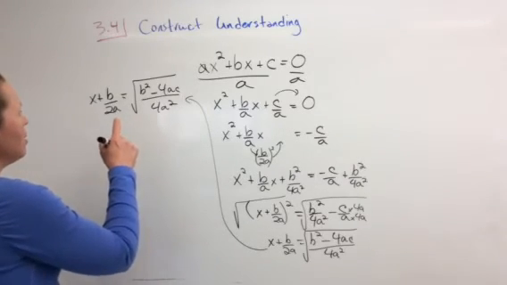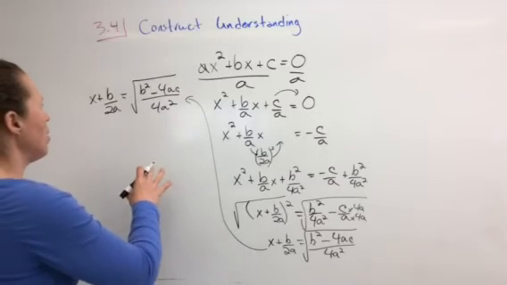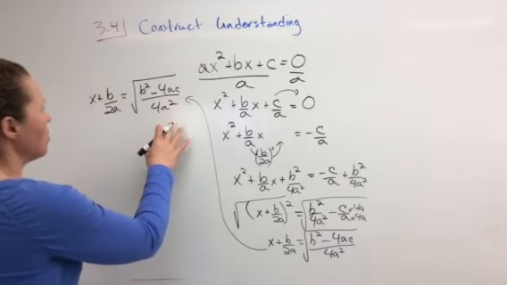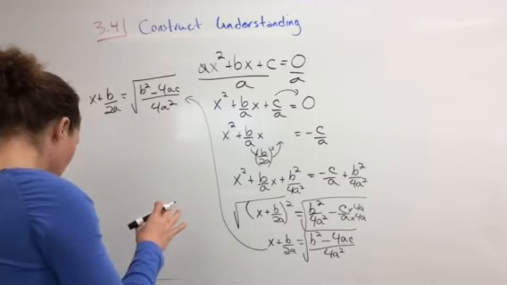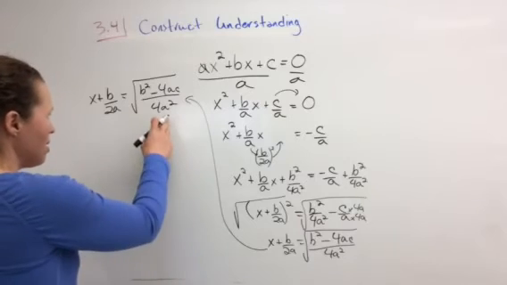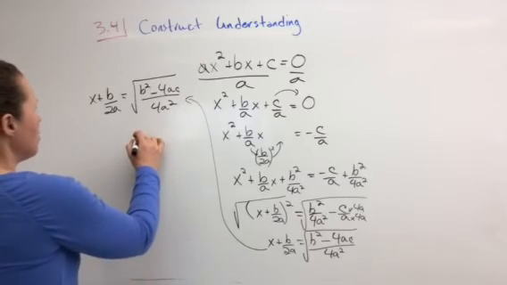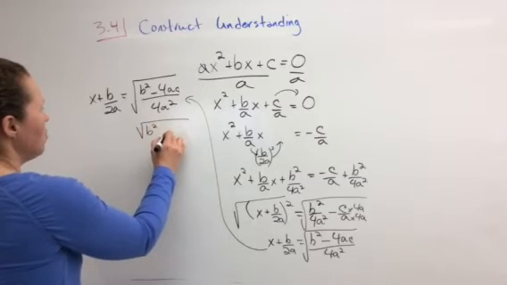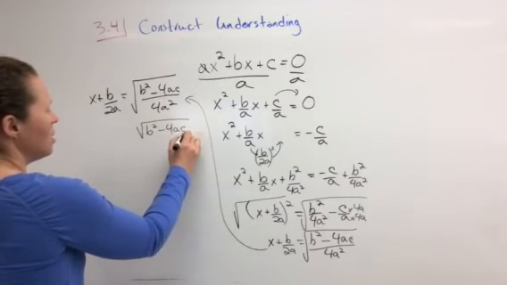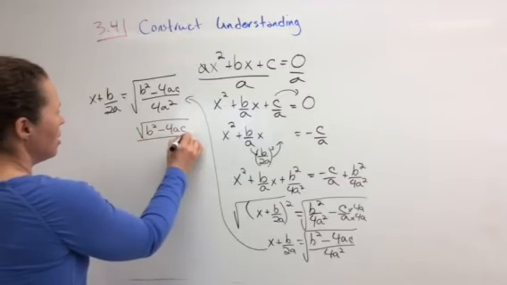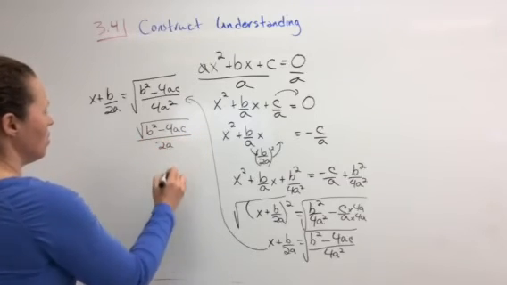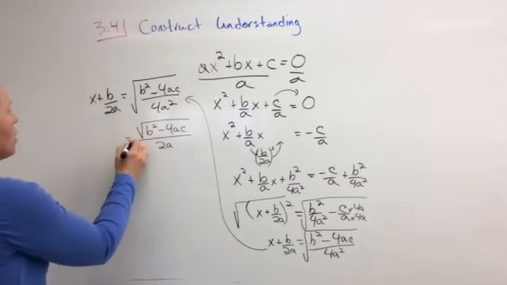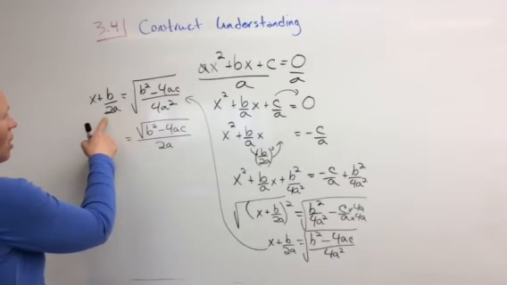I can make this a little easier to look at by taking any square roots that exist. So in this case, this has a perfect square root. So I could rewrite it with just the square on the top, and I have the b squared minus 4ac under the square root there, and then this whole thing is just over 2a. Oh look, there's a b over 2a here.